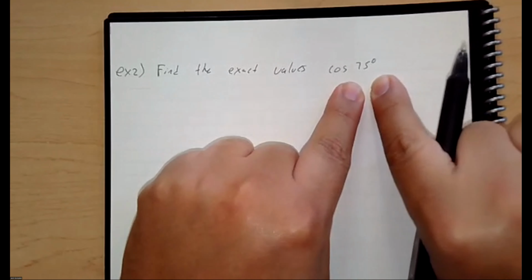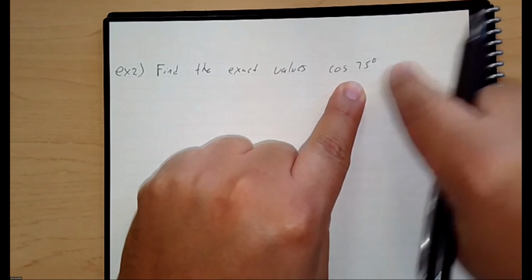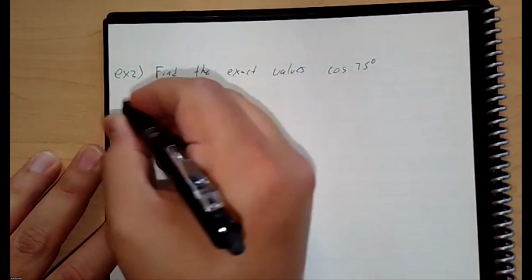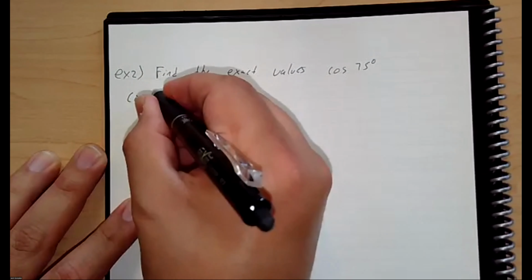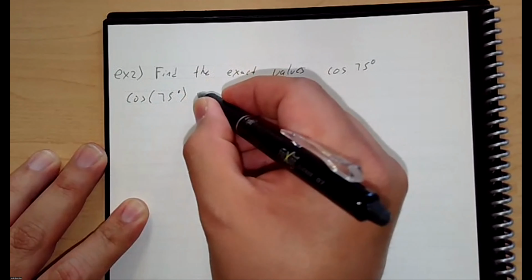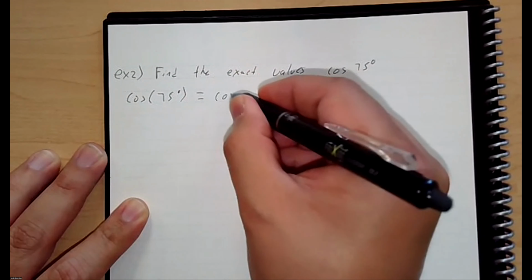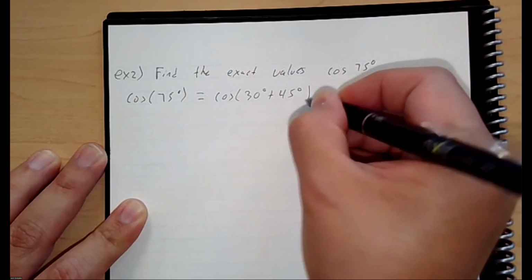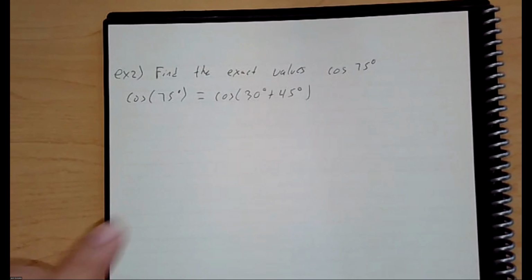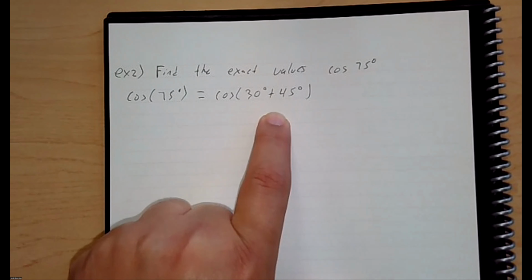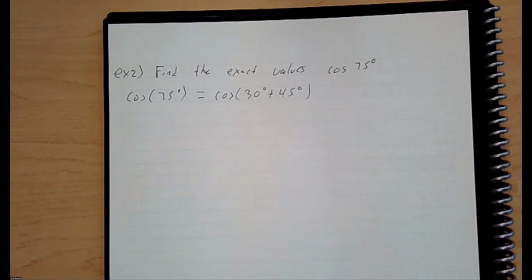So even though this is not an exact angle, you can use those 2 to get an exact solution. Doesn't matter what the order is. You could pick a different way to get 75. As long as it's 75, you're good.